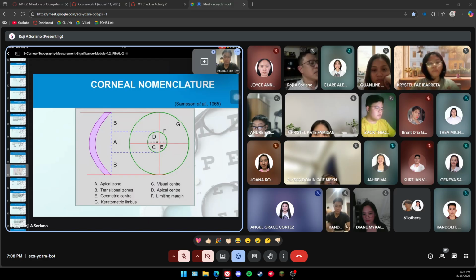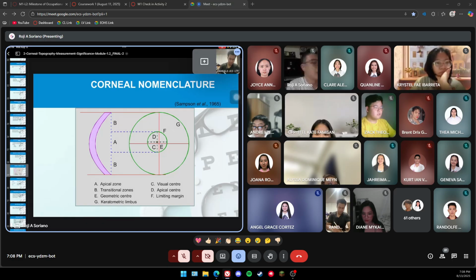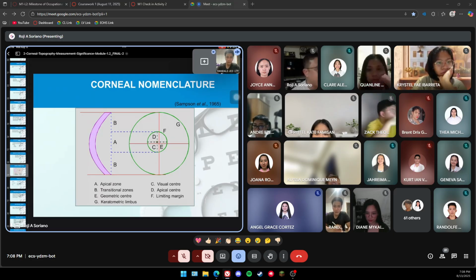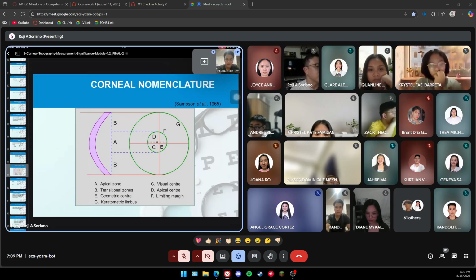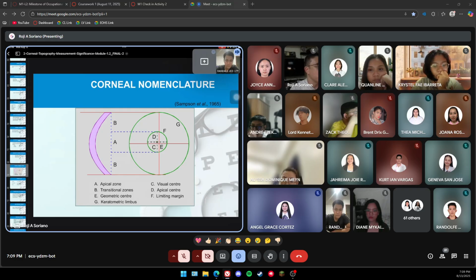So here you go. This is the nomenclature. So you have the apical zone, which is your corneal cap, the transition zone, which is your B there, and you have your geometric center. I'm sure you know your geometric center. Can someone explain to me what is the geometric center?